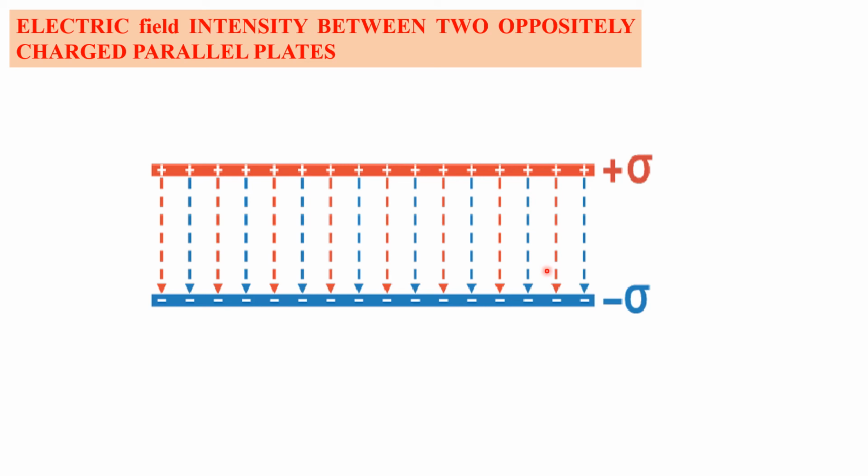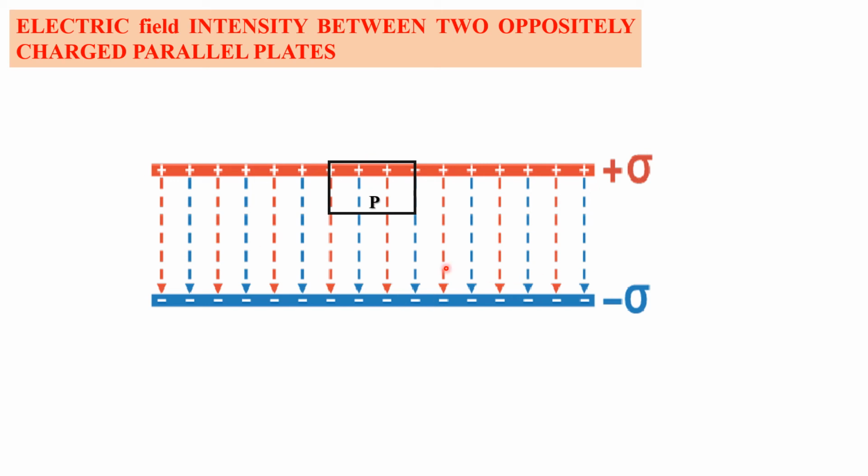The direction of electric field lines is from the positive plate towards the negative plate, because electric field lines initiate from positive charge and terminate at negative charge. The length of these metal plates is infinite to get a uniform electric field. We want to calculate the electric field at point P between these metal plates.